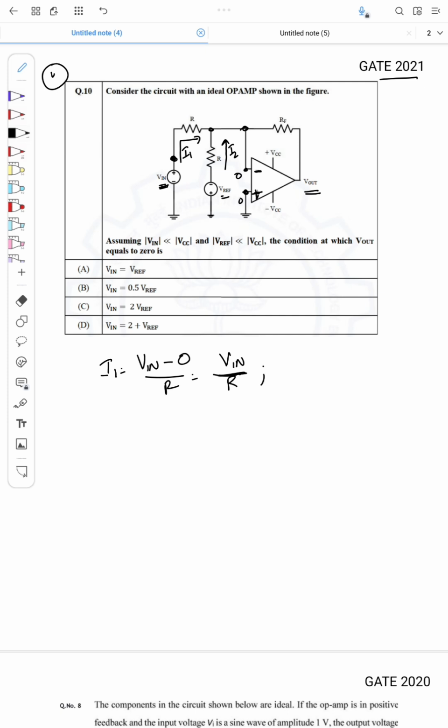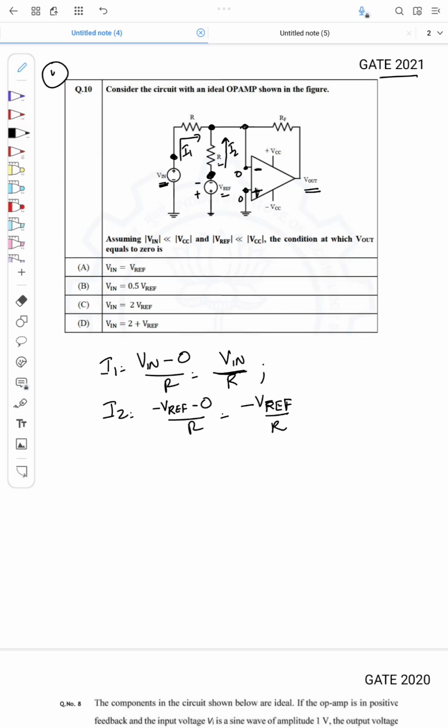The current I2 is this node voltage minus this node voltage by resistance R. This node voltage is minus Vref, because here it is minus and here it is plus. So minus Vref minus 0 by R, or minus Vref by R, is the current I2.